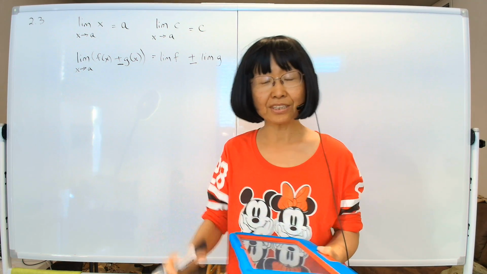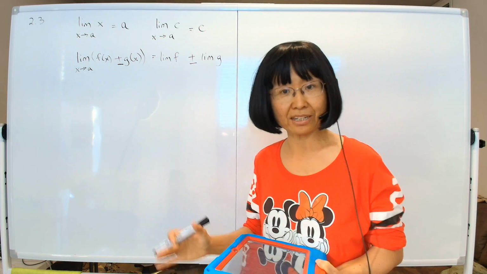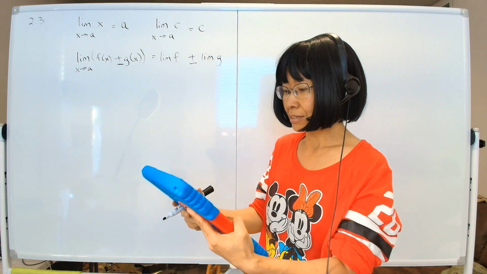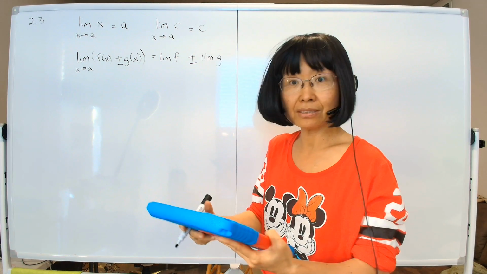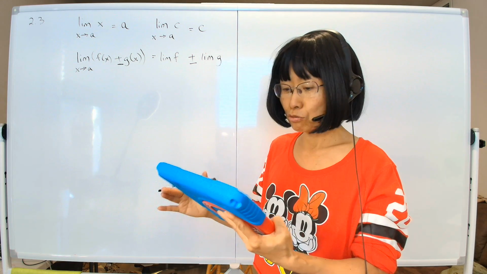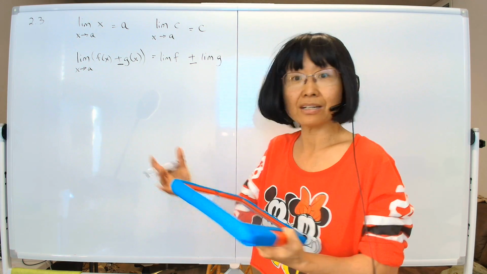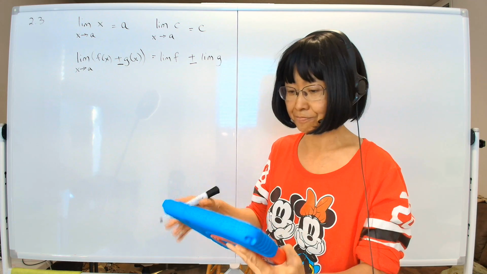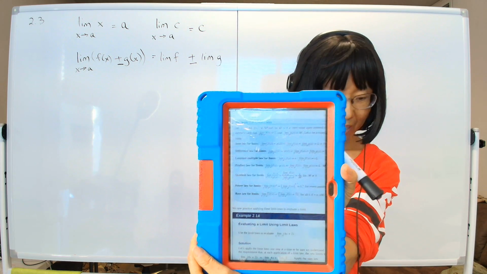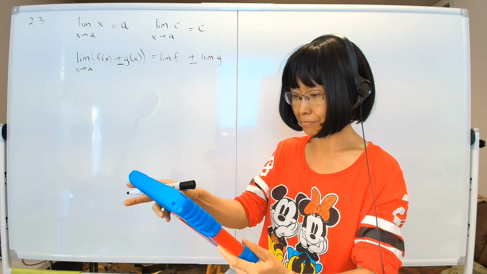And again, division has the condition that the denominator cannot be 0. Or even raise to some power, like the power of 5 or a billion, or take the root of something, as long as everything exists and makes sense. So that's theorem 2.5. And having said that, let's move along to some examples.